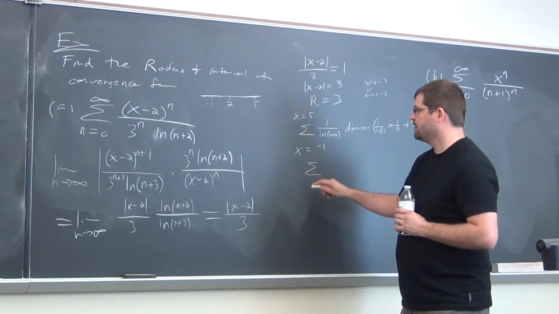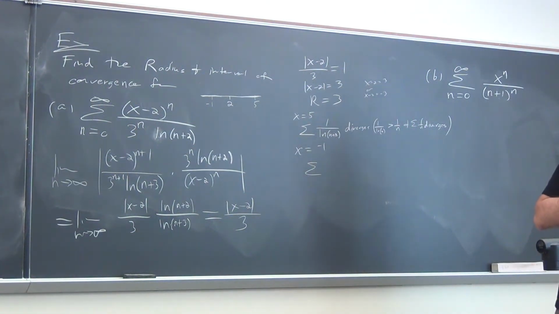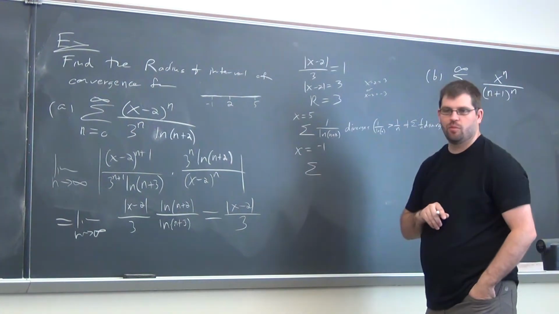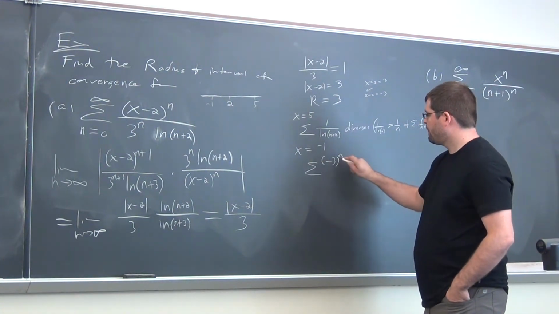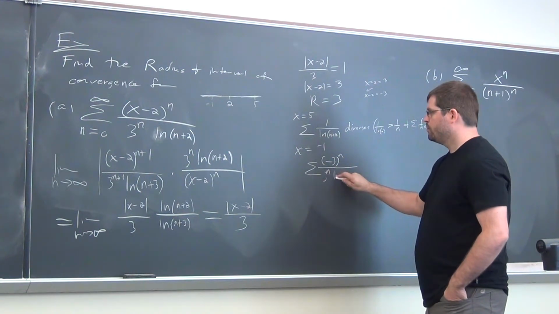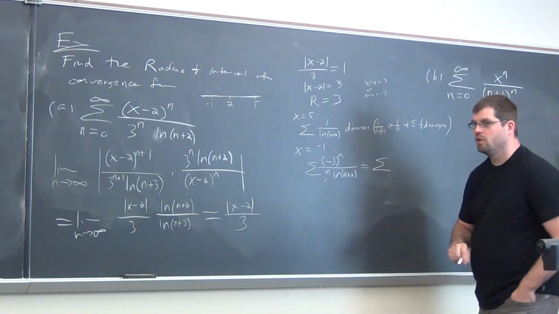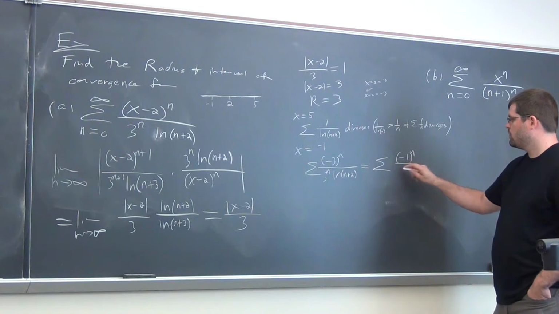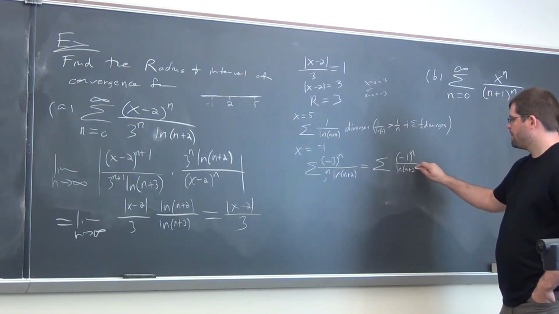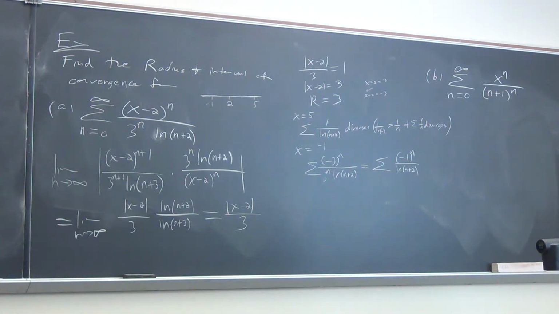What happens there? What do you get in that numerator? Negative 3 to the n. Let's write this one out. You cancel out the 3 to the n's, but that negative 1 to the n is left over.